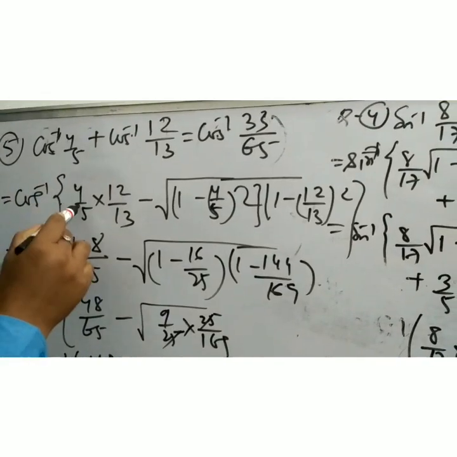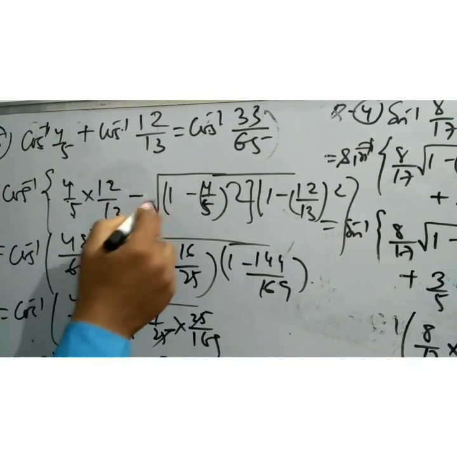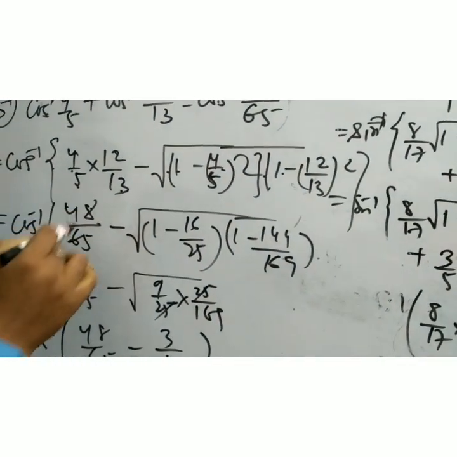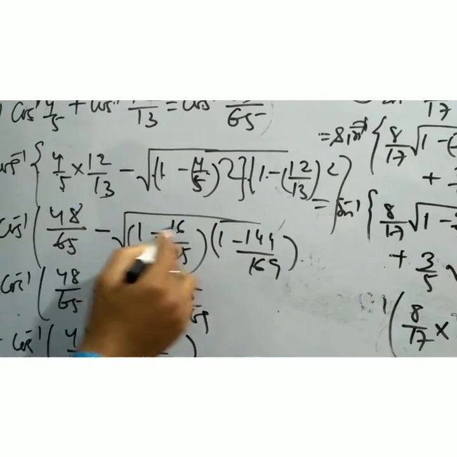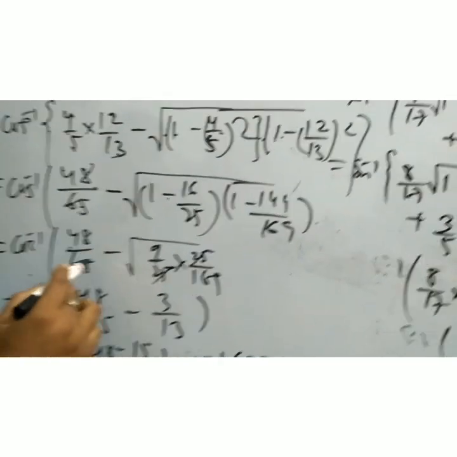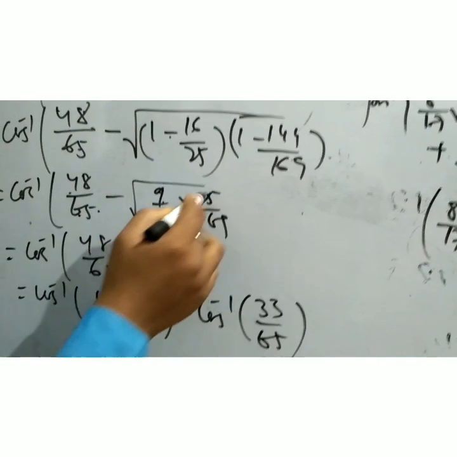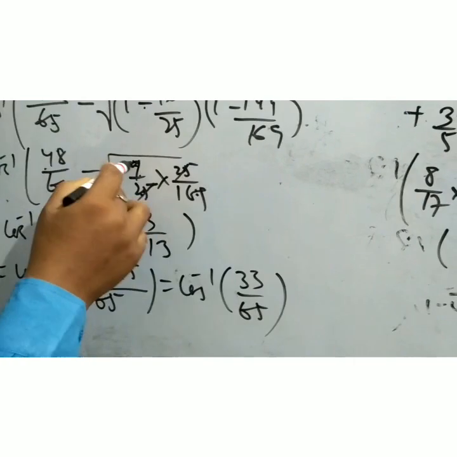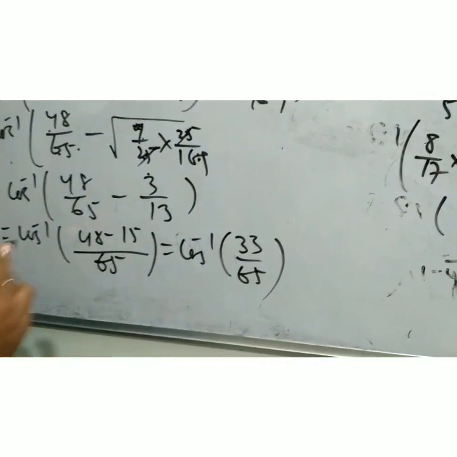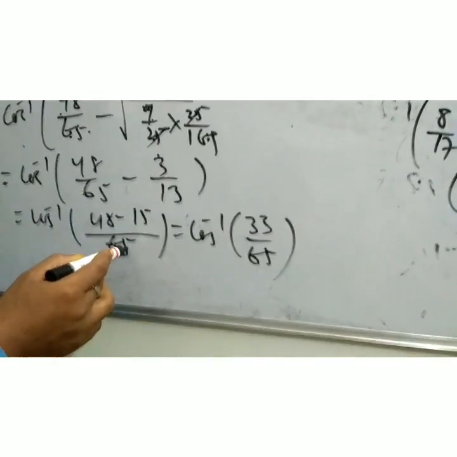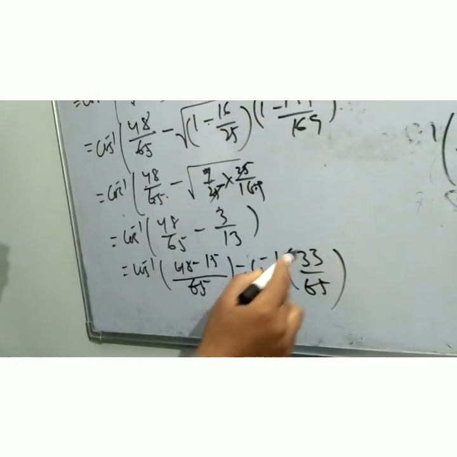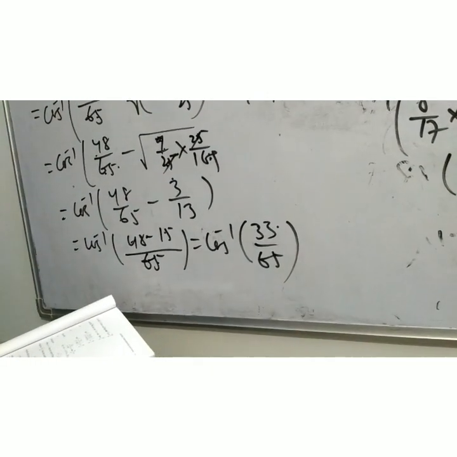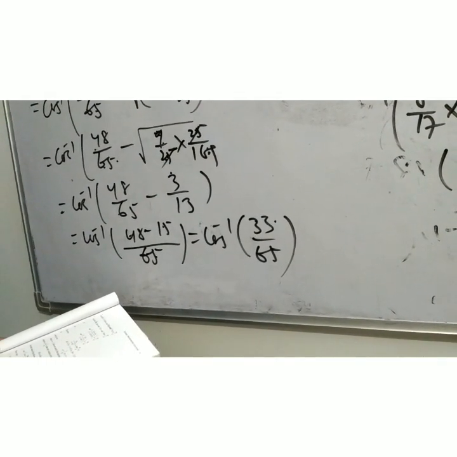Question number 5: cos inverse 4/5 plus cos inverse 12/13, you have to prove that it is equal to cos inverse 33/65. So use the formula cos inverse of xy minus root over 1 minus x square into root over 1 minus y square, that is 4/5 into 12/13, which gives 48/65, minus the root of 9/25 into 25/169. The 25s cancel, giving 9/169, whose root is 3/13. Ultimately, LCM will be 65, so 48 minus 15, that is cos inverse 33/65. That is the proof of the RHS portion of question number 5.